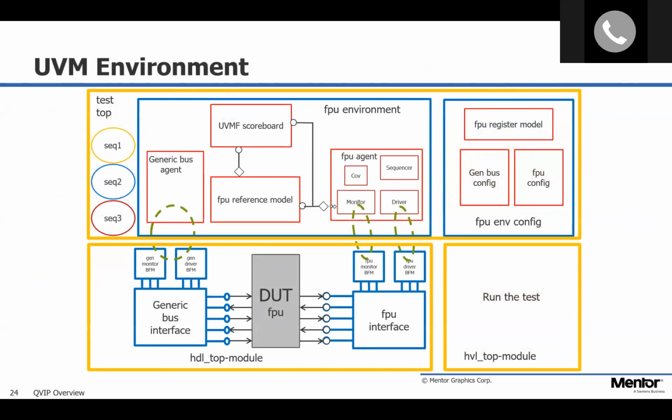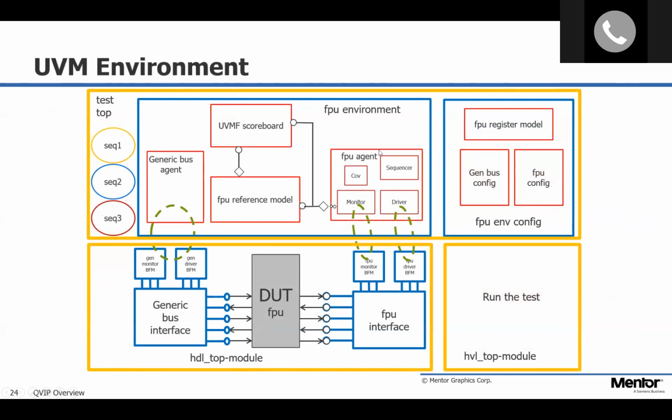So if you look at a general UVM environment, as I said, the agent is what communicates to your DUT for each of your major communications ports on your device. So you might have, in this case, a generic bus agent that's creating traffic for that bus.